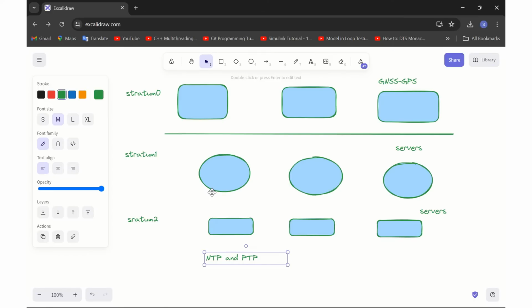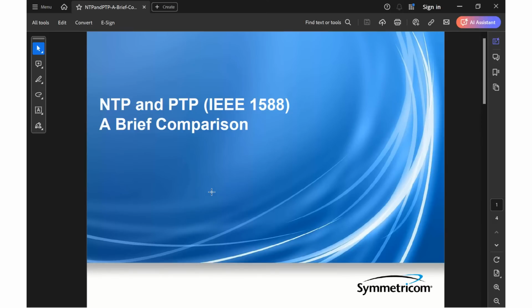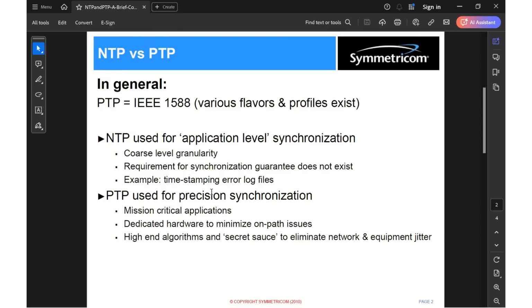Now let's have a short comparison between the NTP and PTP protocols. PTP has a standard called the IEEE standard, defined in 1588 with various flavors and different profiles. NTP is mainly used for application level synchronization, whereas PTP is used for precision synchronization.